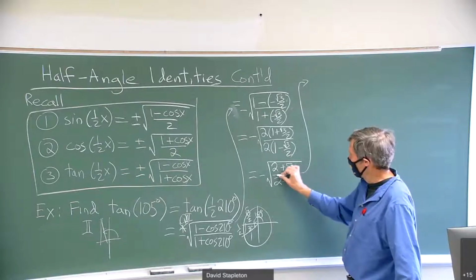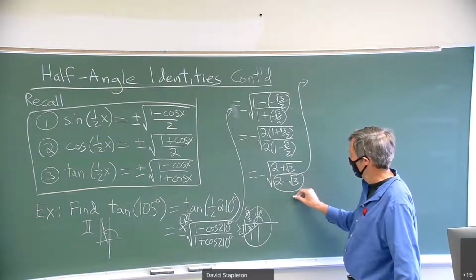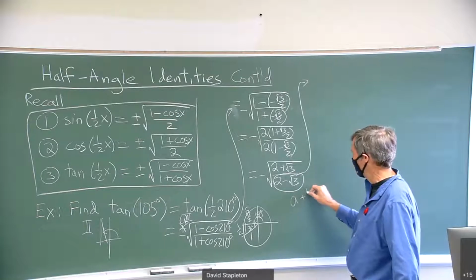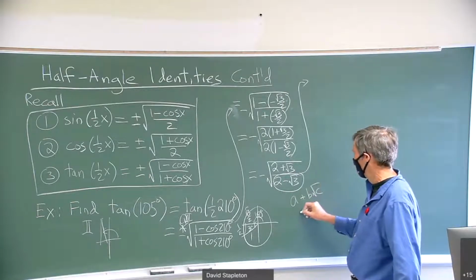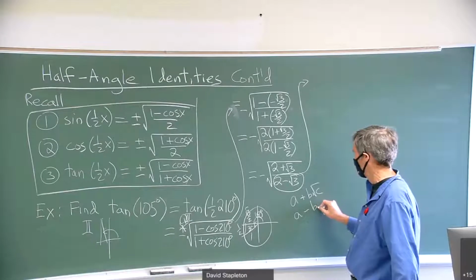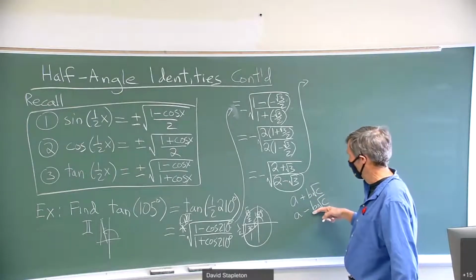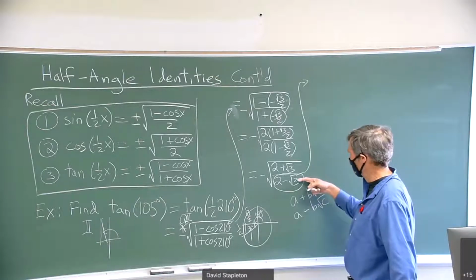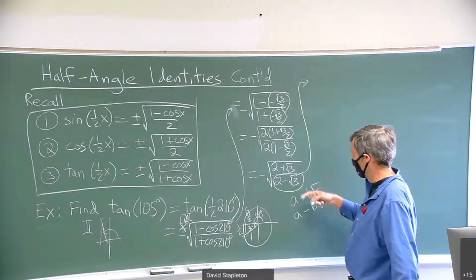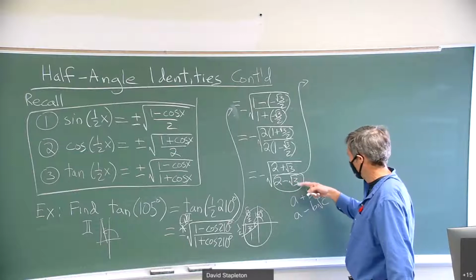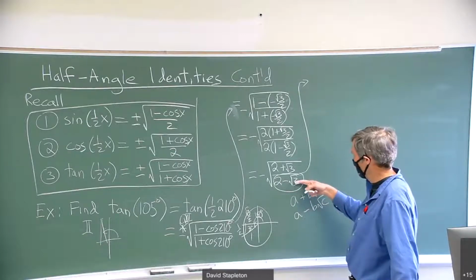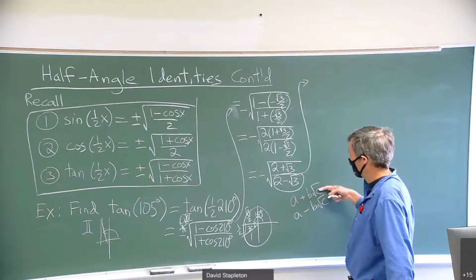When you have a denominator that's a plus b square root c or a minus b square root c, these are called conjugates of each other. And whichever one you have, you multiply by the other one to get rid of the radical. So if I have 2 minus square root 3 in this case, I multiply the bottom by 2 plus square root 3 to get rid of the radical.